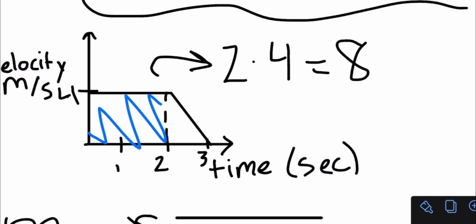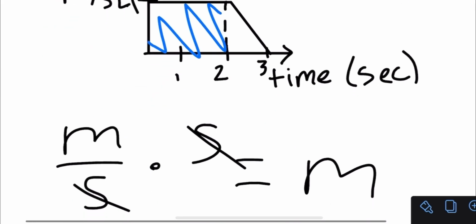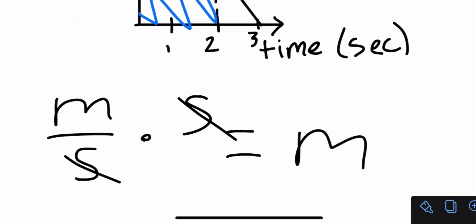And once again, these units are going to be in meters because 2 here is in seconds, since it's the base of the rectangle, and 4 here is in meters per second, since it's the height of the rectangle. And like we proved down here, when you multiply the units out, you get the desired quantity.